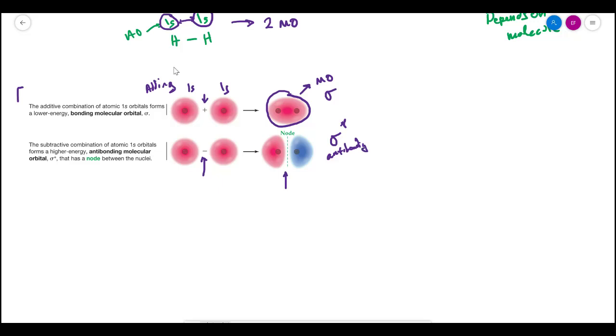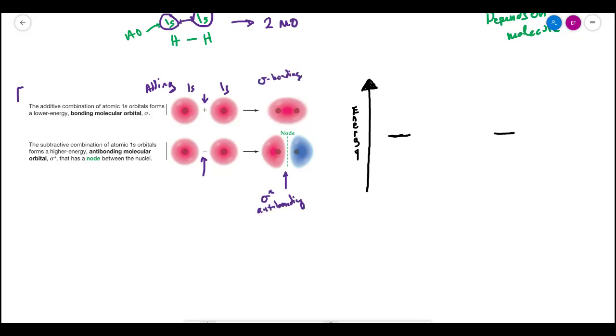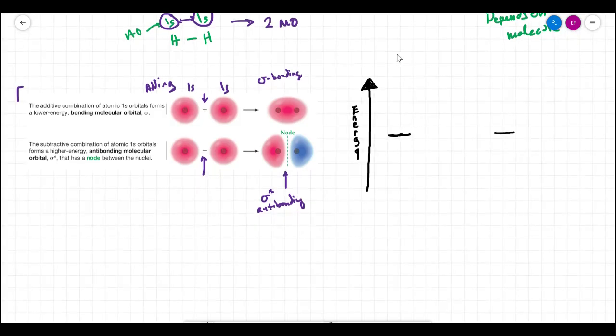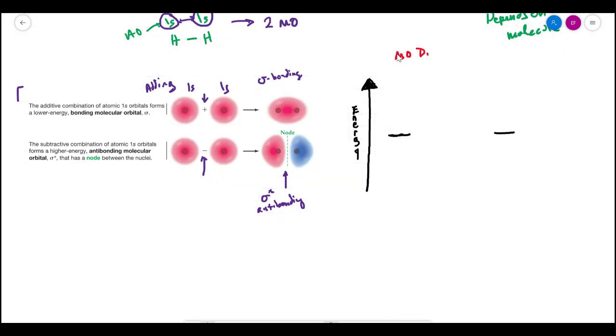Let me show you what this looks like in terms of energy structure. Okay, so I've got the energy diagram started over to the right, and we call this actually an MO diagram. The MO diagram represents energetically which atomic orbitals we're going to combine to form the individual molecular orbitals.